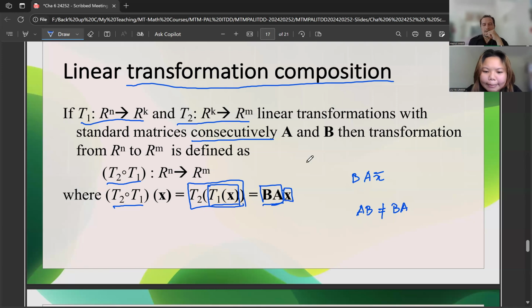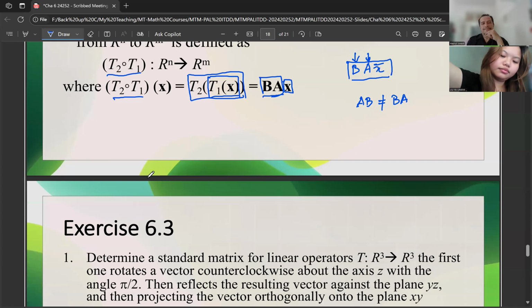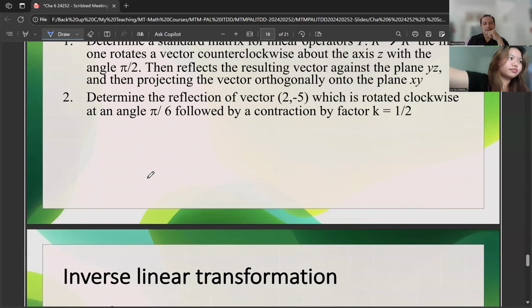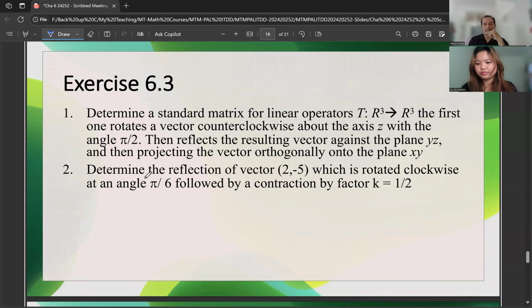Okay, so the operation must be A first and then followed by B. This is A in here, this is B in here. Now we can do some composition.